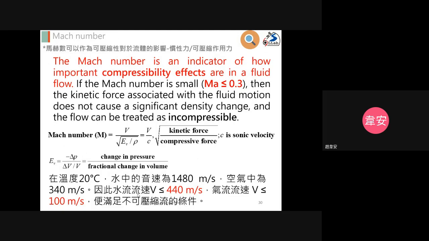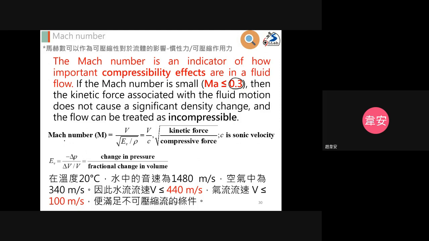And then the Mach number is an indicator of how important compressibility effects are in a fluid flow. And we know a commonly proposed threshold is 0.3. If your Mach number is less than 0.3, that means your problem is not affected by the compressibility effects.